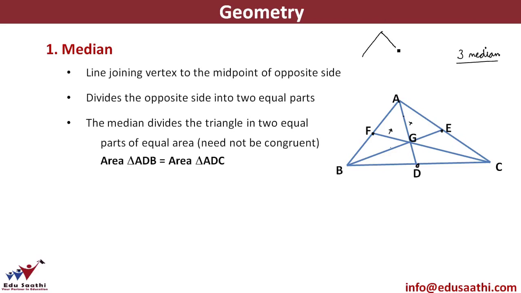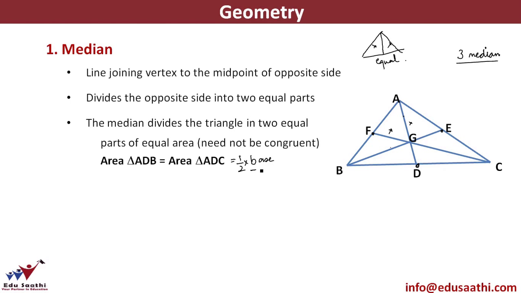So if I draw this as a median, the two areas that you have would become equal. However, the triangles will not be congruent. The two triangles that you get, ABD and ADC, will not be congruent, but the areas would be equal. The reason for the areas being equal is, the formula is half into base.